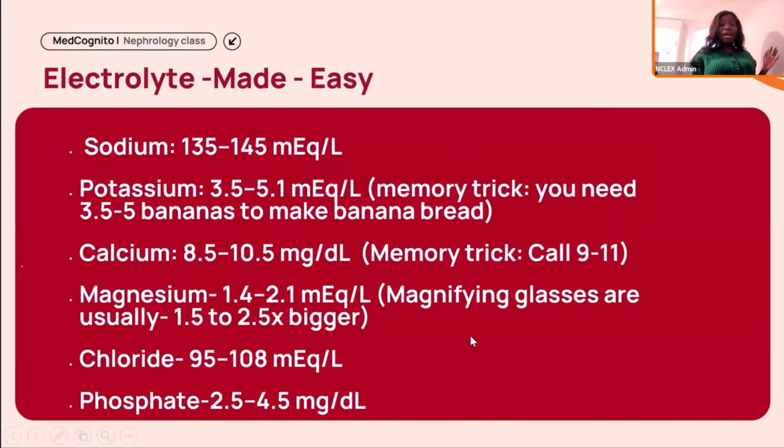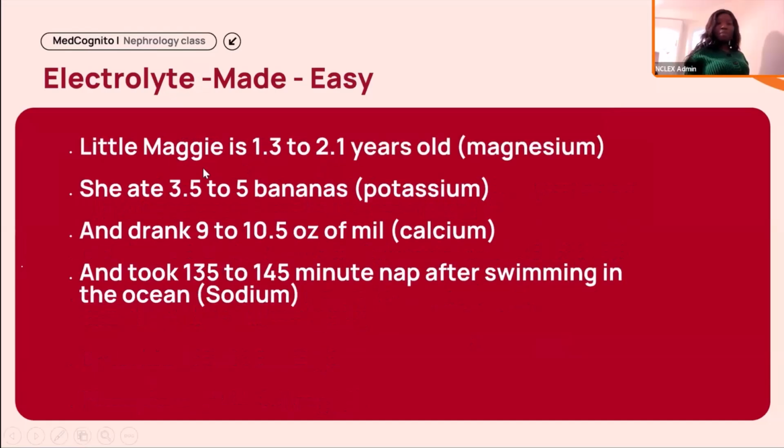And remember the rhyme as well. Little Maggie, which is kind of difficult, but let's see who it may save. Little Maggie, 1.3 to 2.1 years old, 3.5 to 5 bananas for potassium, drank 9 to 10.5 of milk, calcium, and took 135 to 145 minutes nap after swimming in the ocean.